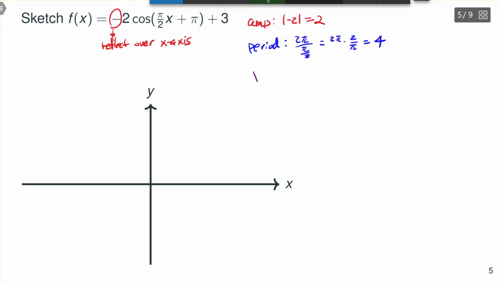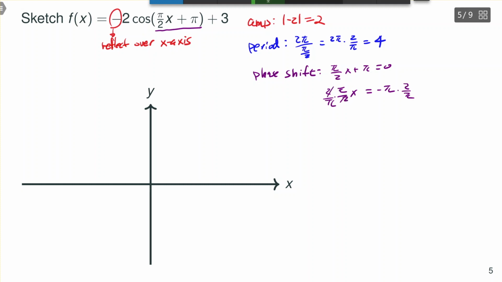Now phase shift. The way we find phase shift is whatever makes 0 inside here. So pi over 2 x plus pi equals 0. For x, subtract pi from both sides, negative pi. Multiply by 2 over pi on both sides to solve for x.